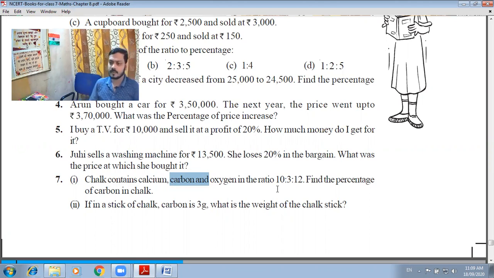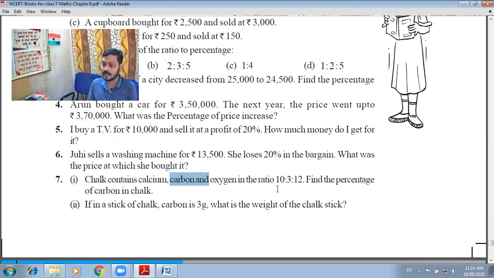Okay, we know that percentage means compared with respect to 100, and we need to convert a ratio into percentage. Firstly, we find the total parts of chalk, which is 10 plus 3 plus 12. Then out of this sum, we calculate the percentage of carbon, that is 3.